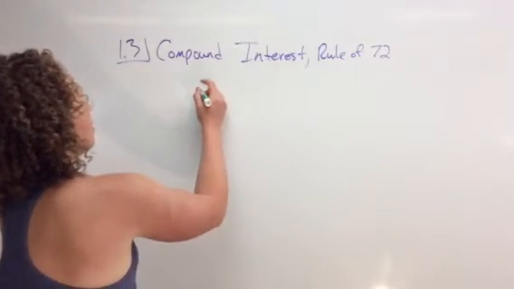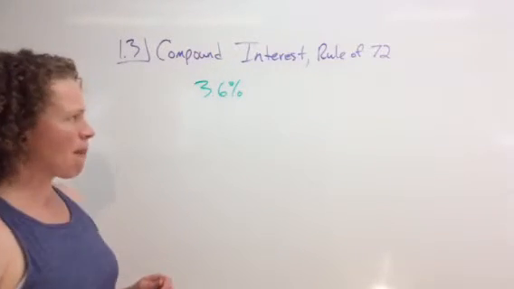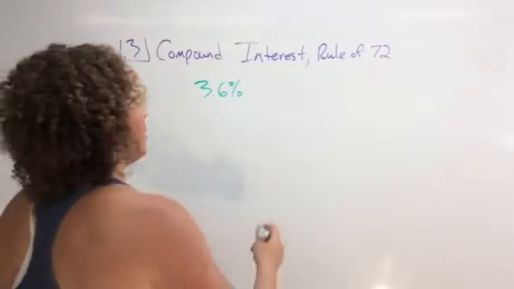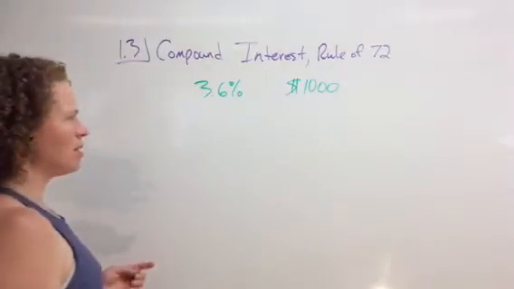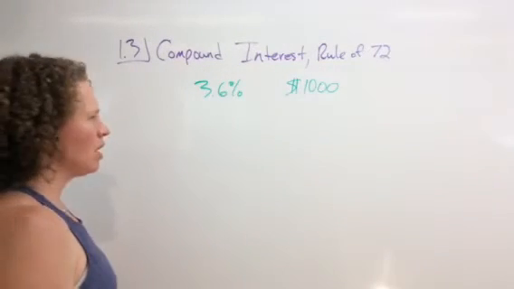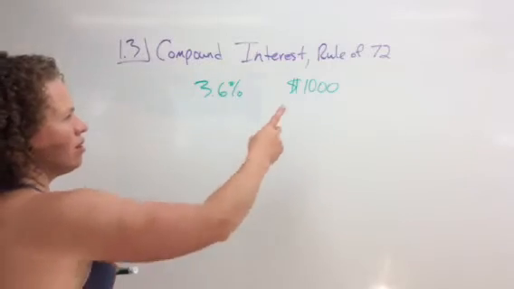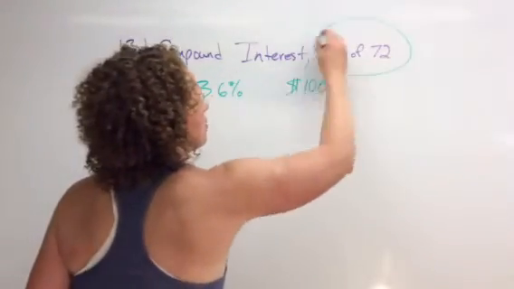Say you've got, I don't know, 3.6% interest. I'm going to invest $1,000. At 3.6% interest, I want to know how long it's going to take to double. I don't care about that, because what I can do with this is the rule of 72.